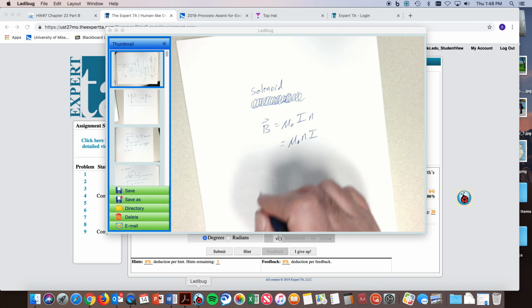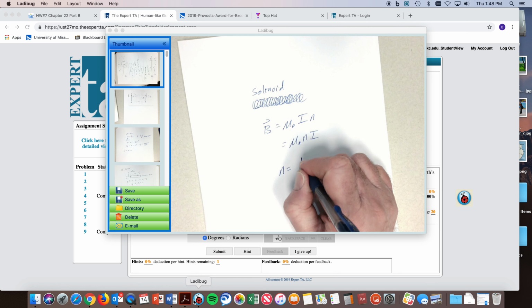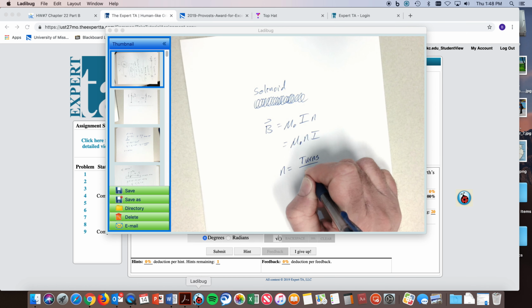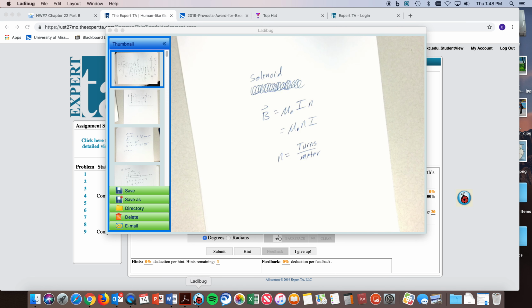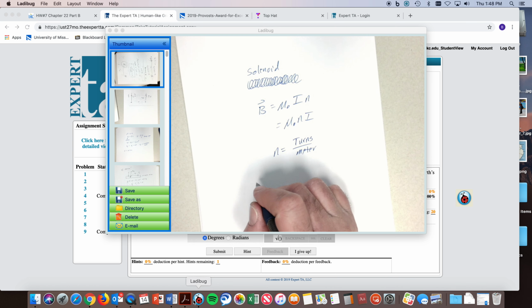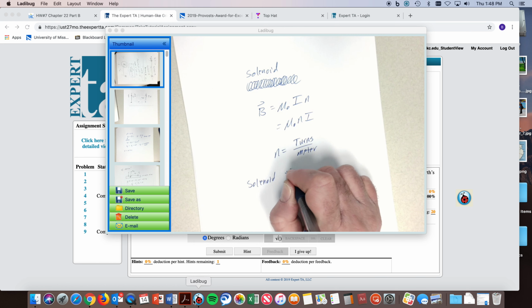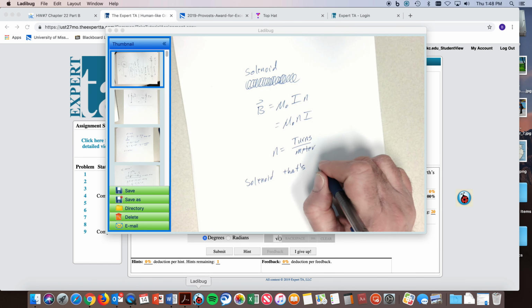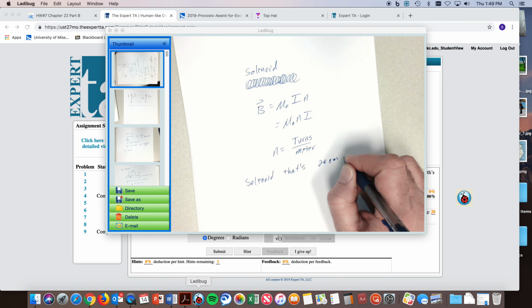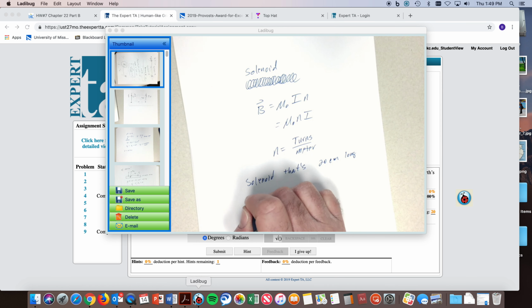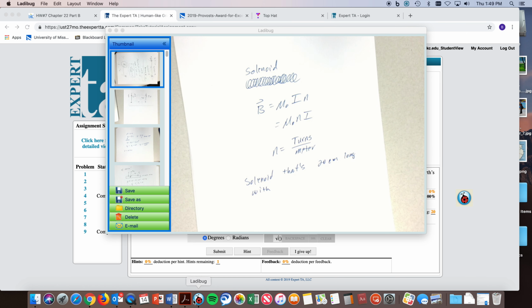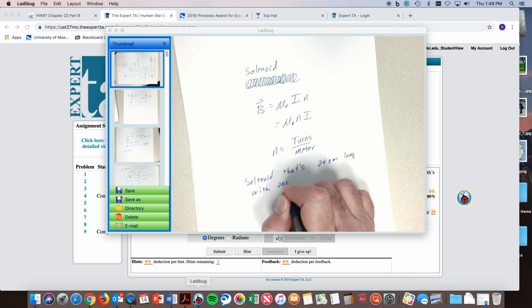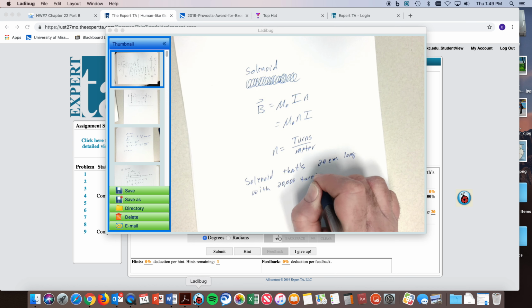And what is N? N is equal to turns per meter. So if you have a solenoid, here's a typical example: a solenoid that's 20 centimeters long with 20,000 turns, which with certain machines you can do.